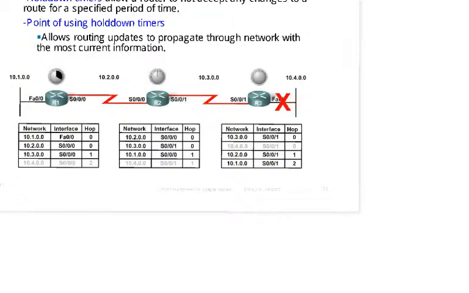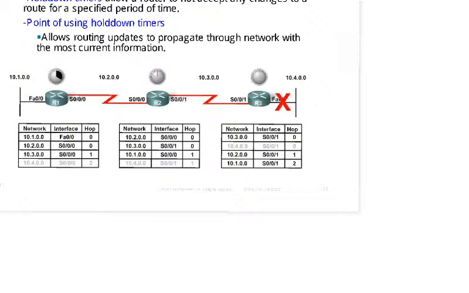If this network does not come back up again, then router 2 will start a hold down timer, and during the hold down timer, router 2 will mark this entry as frozen. Do not update this entry during the period of the hold down timer. The duration of the hold down timer, if I remember correctly, is maybe around 3 minutes or 2 minutes, something like that.